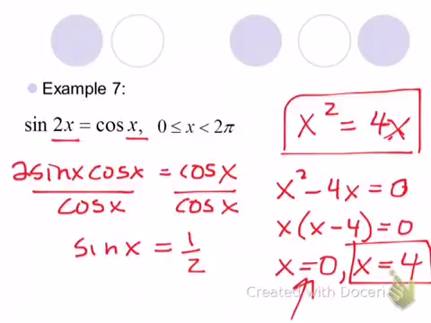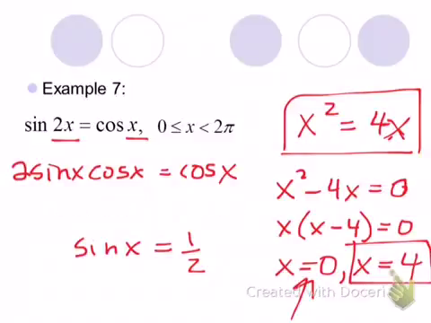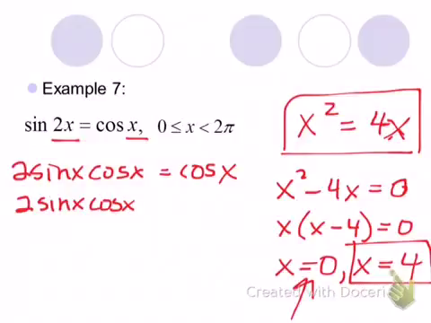All right, now, we are going to employ the exact same technique in this trig equation that we just did in this algebra equation. We're going to set it equal to 0. Y'all follow with me. 2 sine x cosine x minus cosine x equals 0.